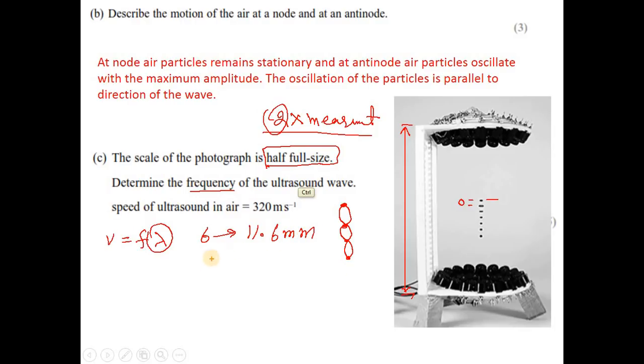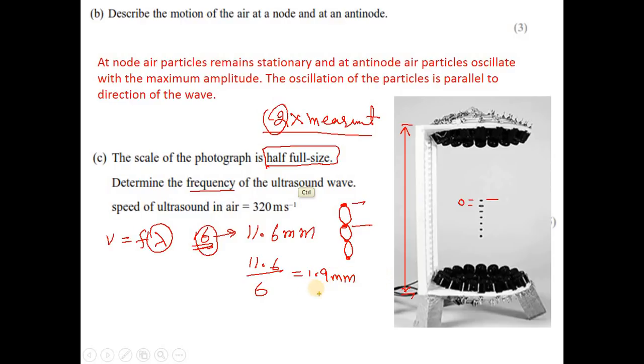That means for one loop, if I have 6 loops here, you know that 6 droplets means 6 loops. If I need to take the measurement of only 1, 11.6 divided by 6 is going to give me 1.9 millimeter.